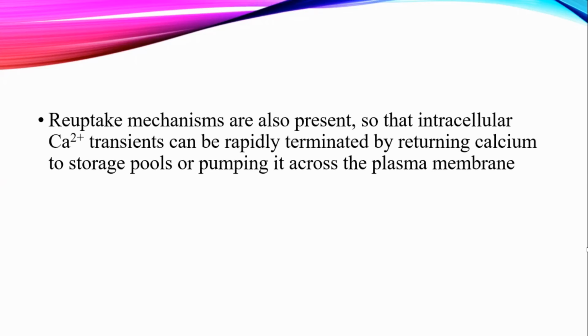Apart from that, the supply of calcium to the intracellular space from the extracellular fluid, and the transport of calcium from intracellular to extracellular, maintain the concentrations of calcium within the cell. This is about the regulation of intracellular calcium.